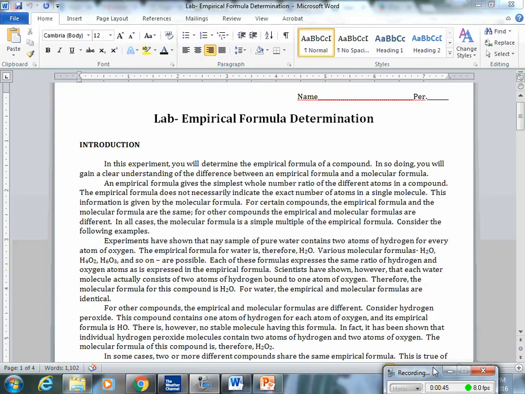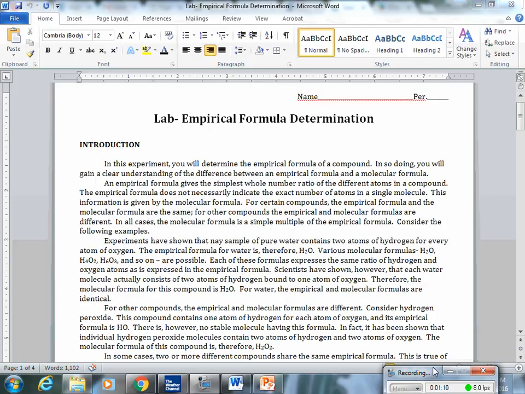There are various molecular formulas that are possible: H2O, H4O2, H6O3. Each of these formulas has the same ratio of hydrogen and oxygen. That ratio is H2O, which is the empirical formula.